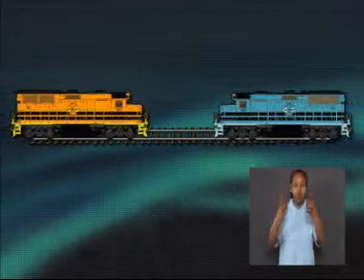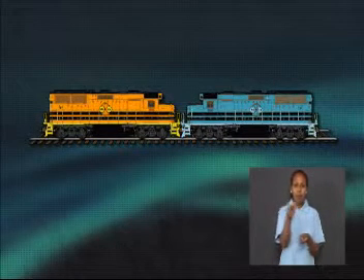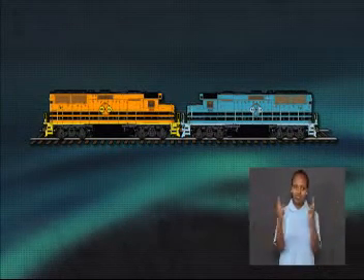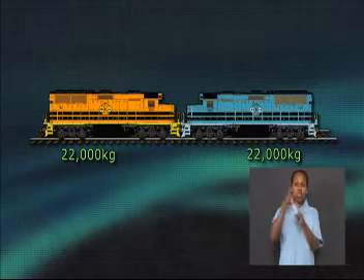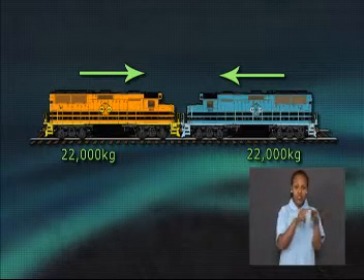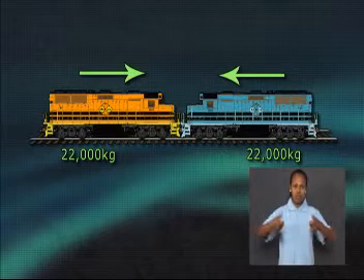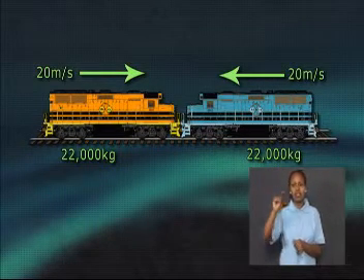What will happen if they collide? Both trains possess the same mass, which is 22,000 kilograms. Each is also moving at the same speed. The velocity of each is 20 meters per second.